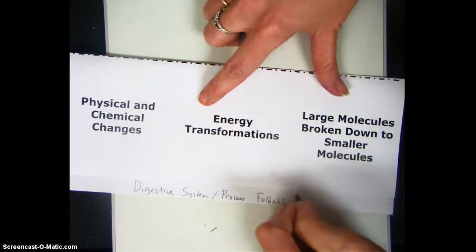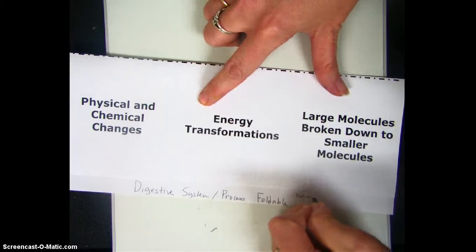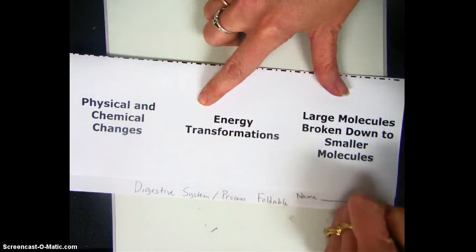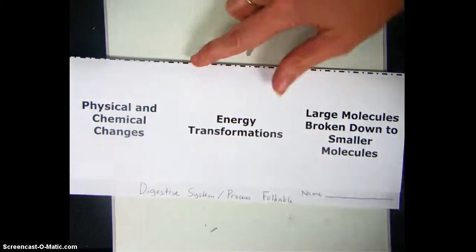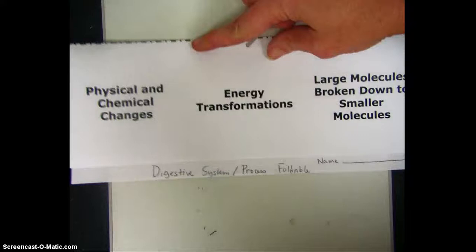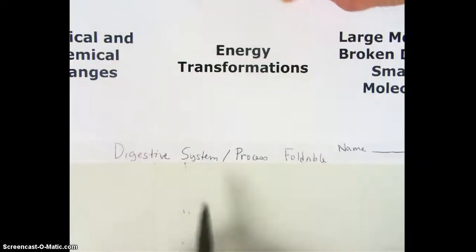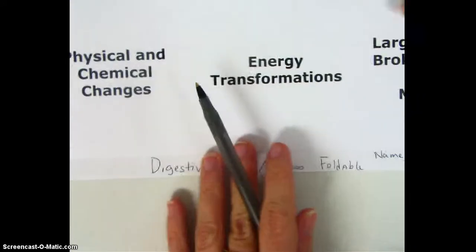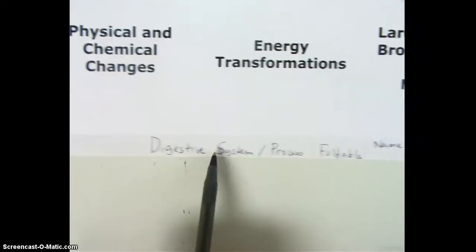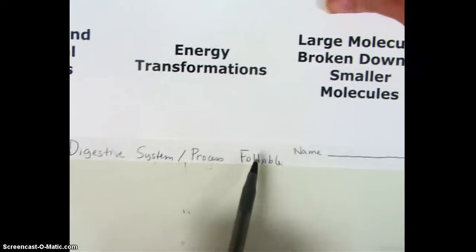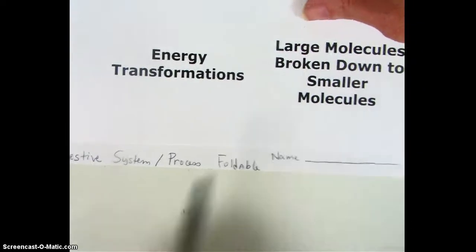And then we need your name on it, so make sure to include your name. Let me zoom in on that. If there's a little flap at the bottom, you write Digestive System / Process Foldable and your name.